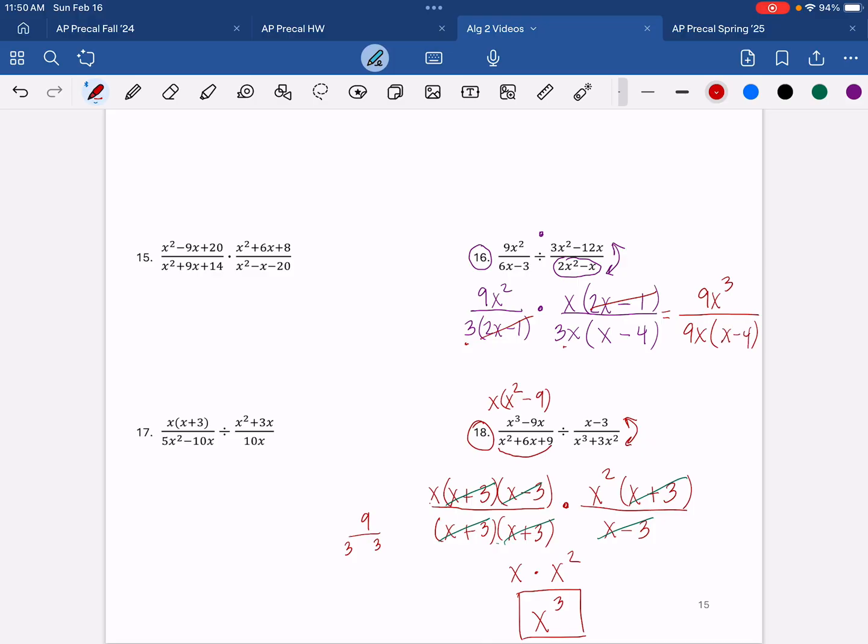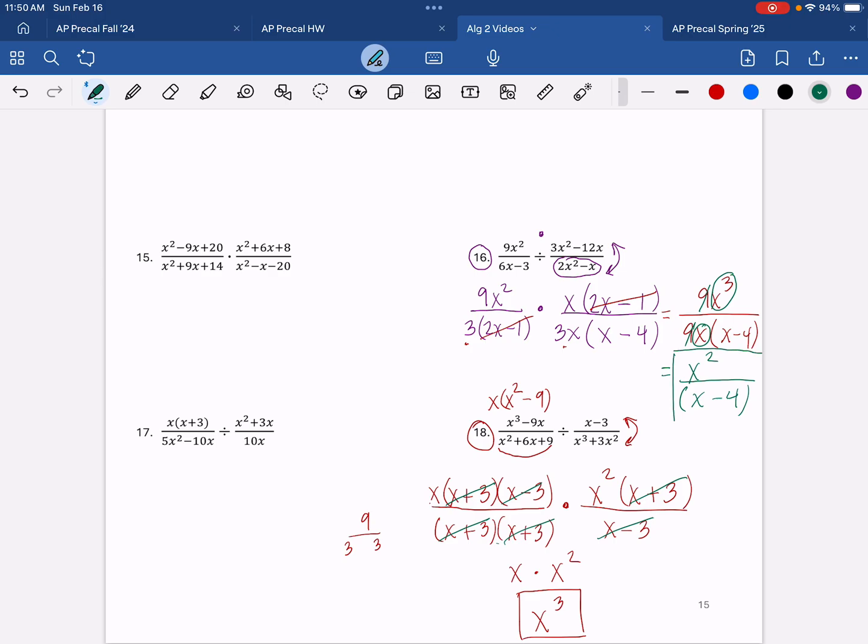So the 9s are going to get to divide here. 9 divided by 9 is going to leave a 1, or we don't even have to write it if it's just a 1. And then we can simplify x cubed and x. That's going to reduce down the x from the bottom, cancel 1 out from the top, and just leave x squared.